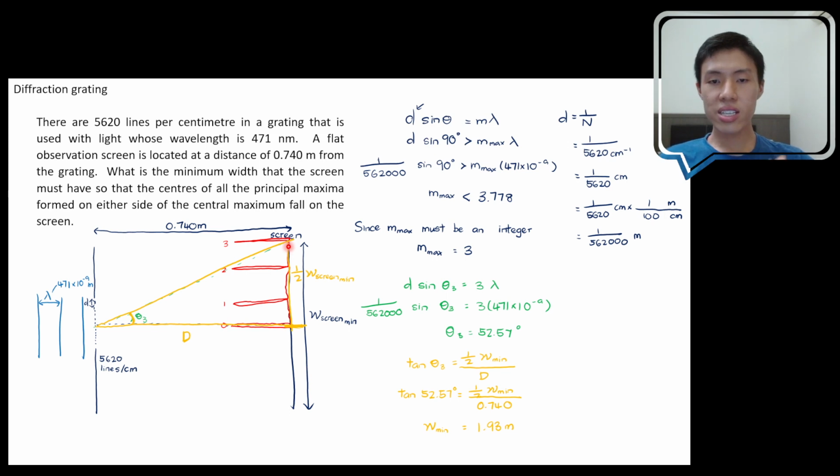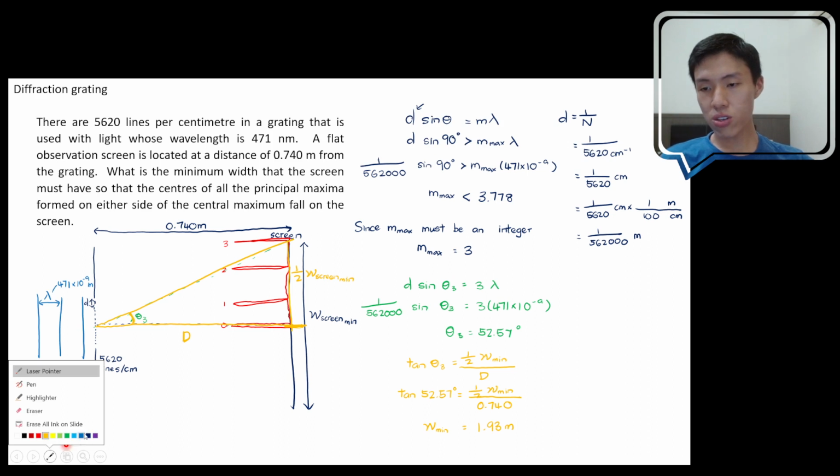Another thing I would like to point out, which is not asked in the question, is the number of bright maxima that can be observed on the screen. You know that the maximum order is 3, but how many bright maxima is that actually? To visualize it, I'm going to fill in the lower half as well.